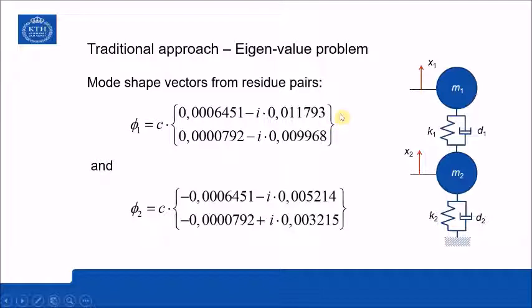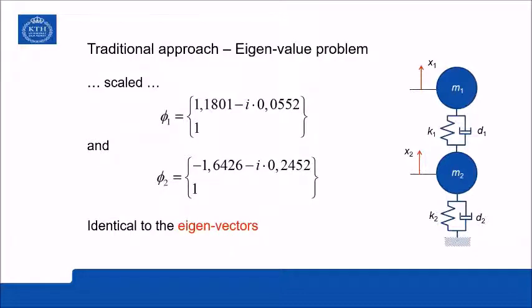This is the mode shape vector, and for pole 2, this is the mode shape vector we obtain. So if we rescale, like we used to do, to make the second component equal to 1, we find these mode shape vectors. And they are, as we have hoped for, identical to the eigenvectors we obtained from solving the eigenvalue problem.